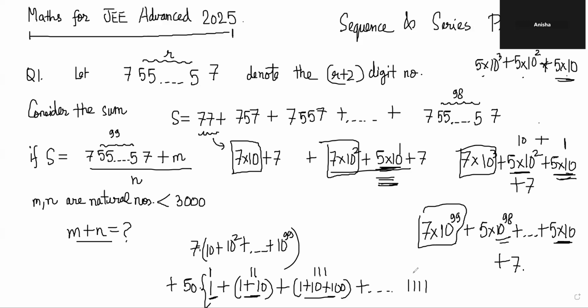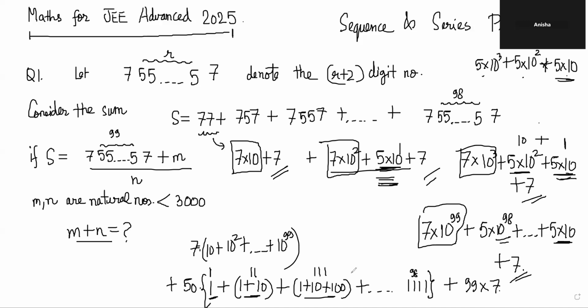Plus 7 is coming in each of the terms. How many terms are there in the series? 99, from 0 to 98. And 99 terms are there, so 99 into 7.